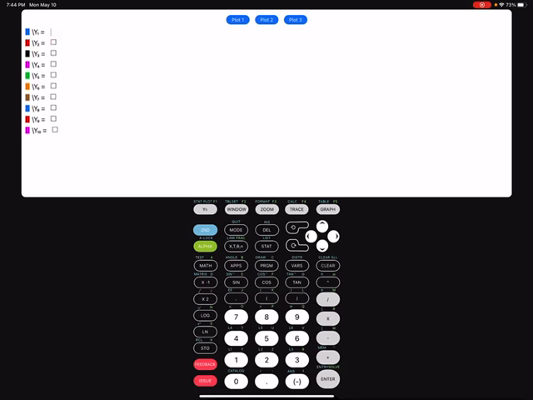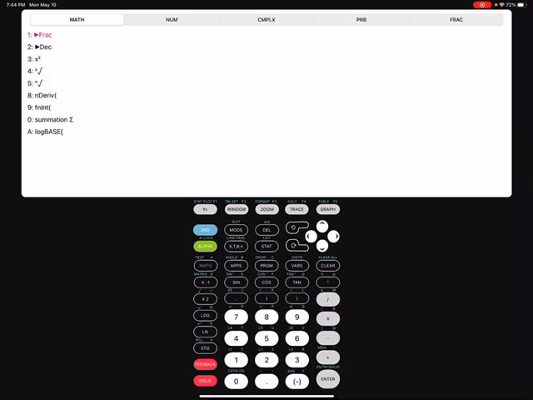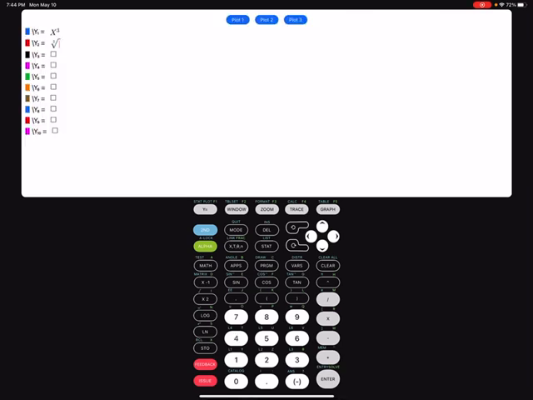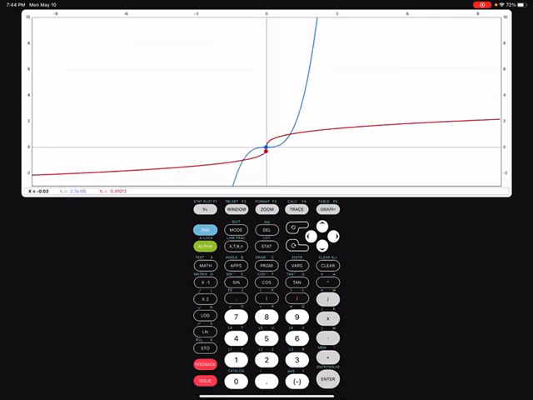Let me clear out what's here. So x to the third, I'm going to choose x, and use my little housetop option to get to the third. And y2, I'm going to do the cube root of x. So again, that's under math, option 4. And then I'm going to go graph these. Woo, that's different, isn't it?